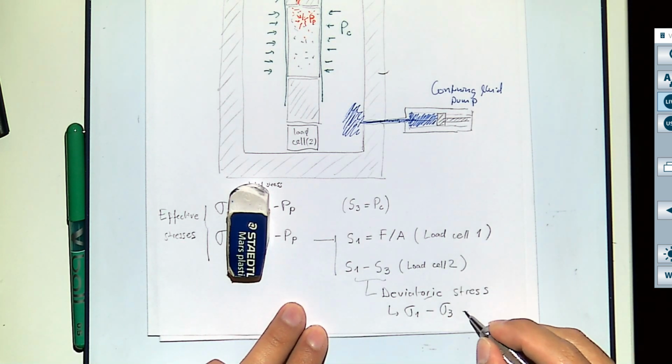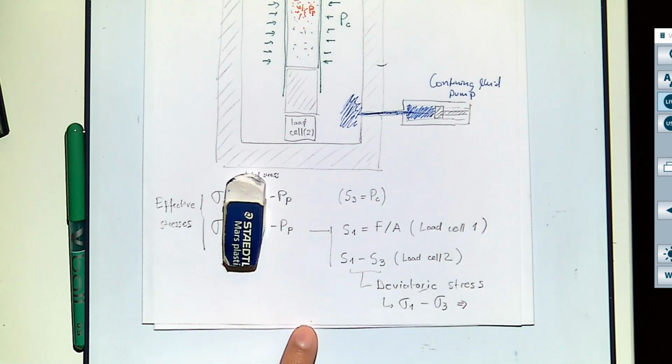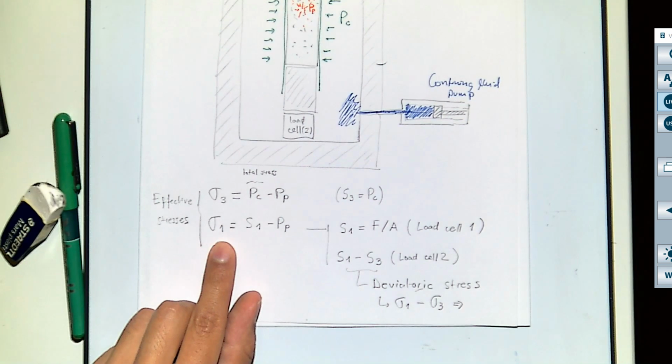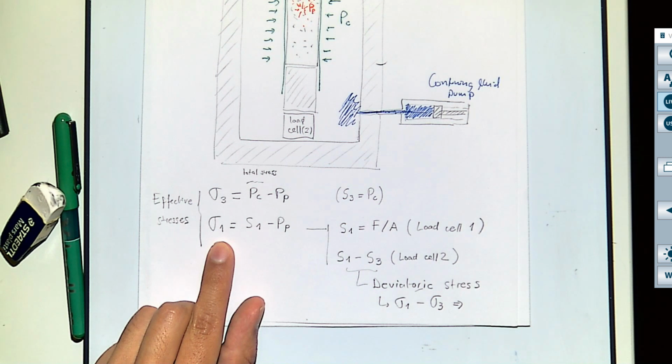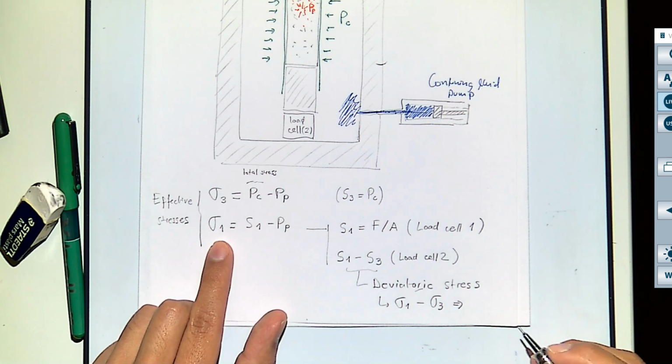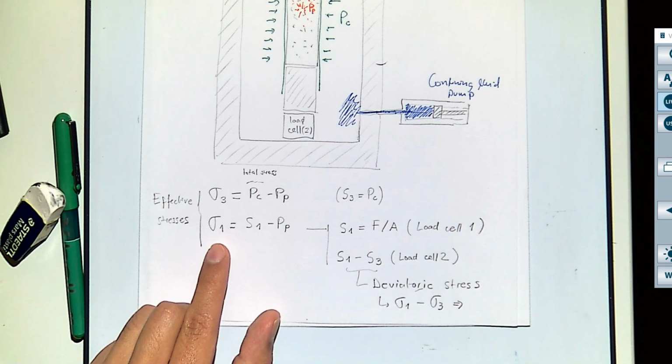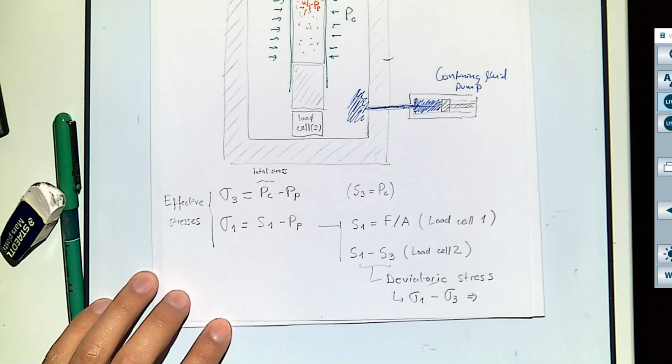So if you wanted to compute the value of sigma 1, then you have to add sigma 3 to the deviatoric stress, and that's how you get it.